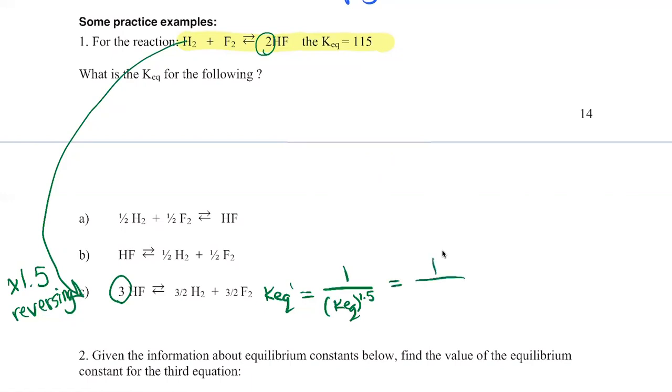So 1 over 115 to the power of 1.5 is going to be equal to, sorry, I don't have this one actually calculated, so I'm just quickly typing it into my calculator. To the power of 1.5 is going to give me 8.11 times 10 to the negative 4. Remember, KEQ does not have any units.